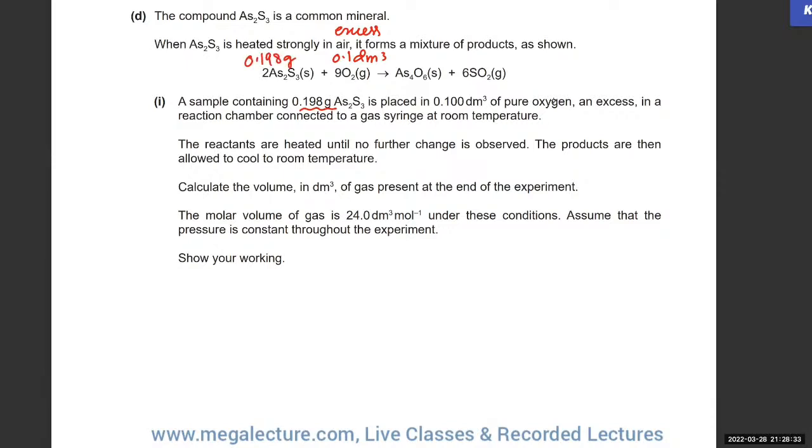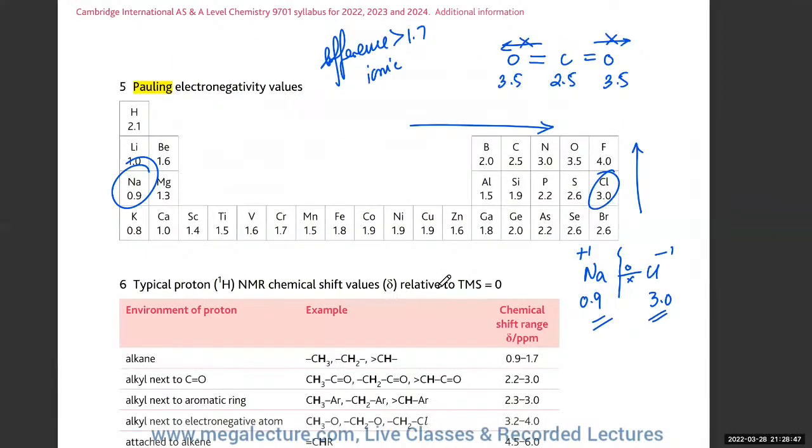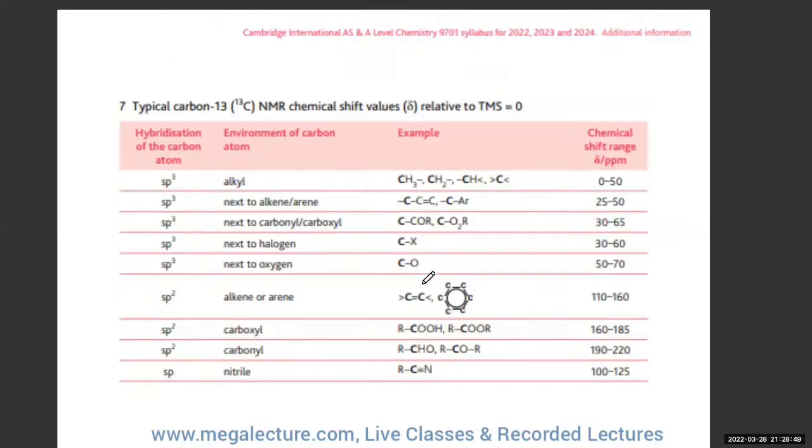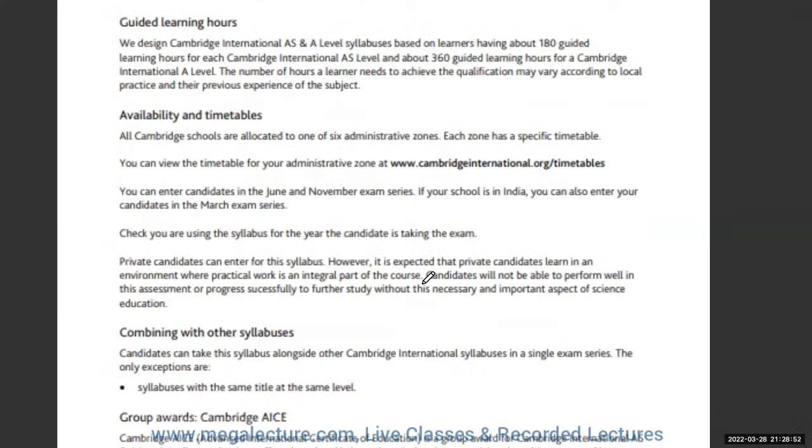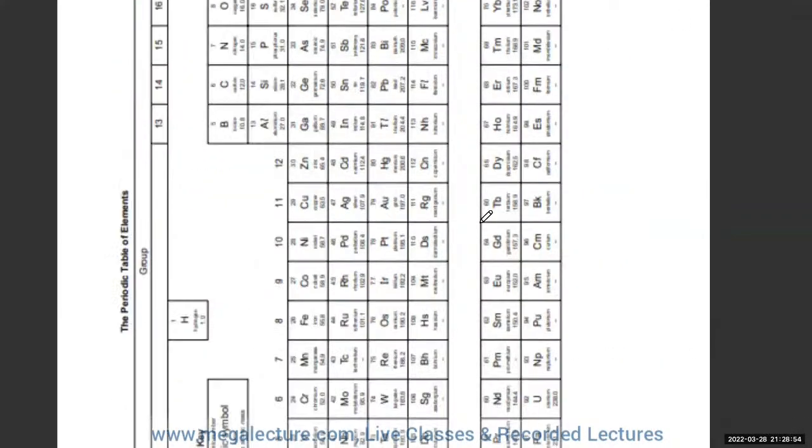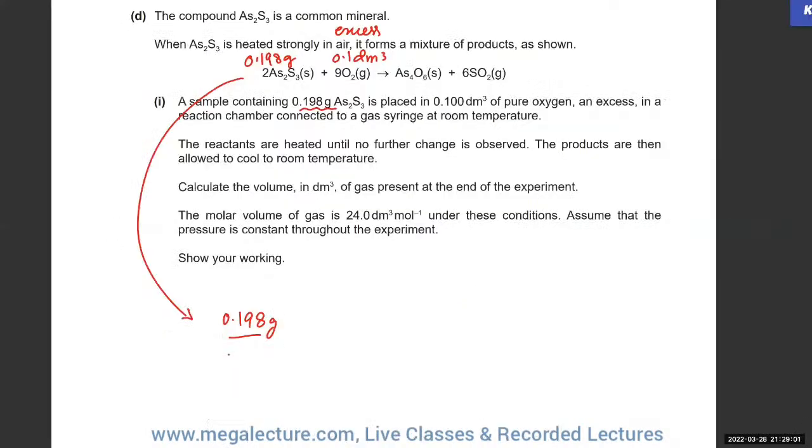Can you figure out the moles of this? 0.198 grams divided by the Mr. The astatine over here is 74.9, that's given to us.